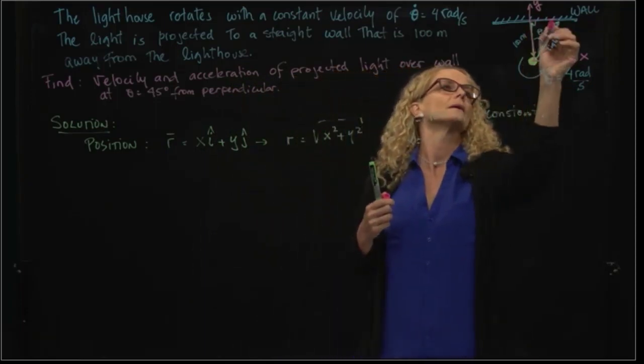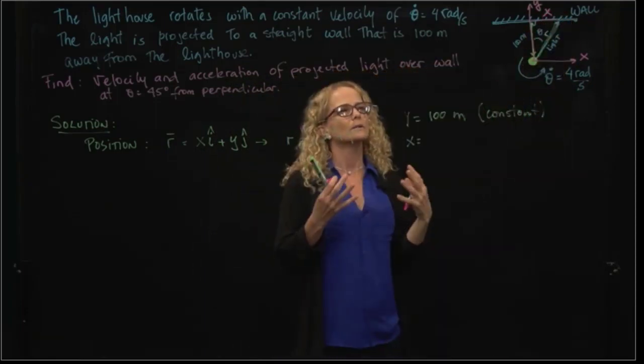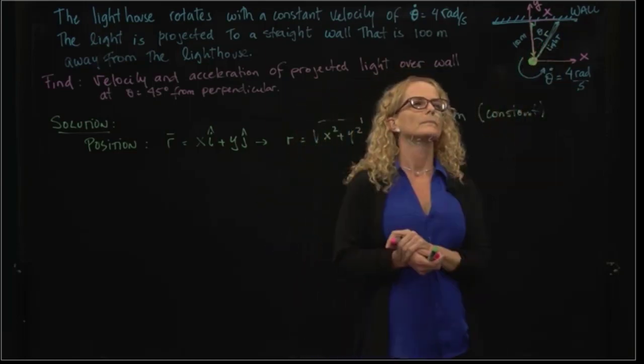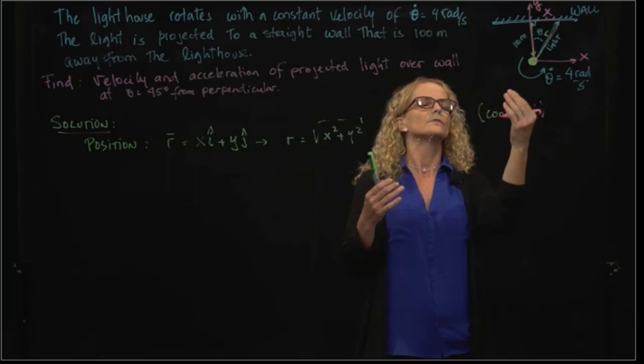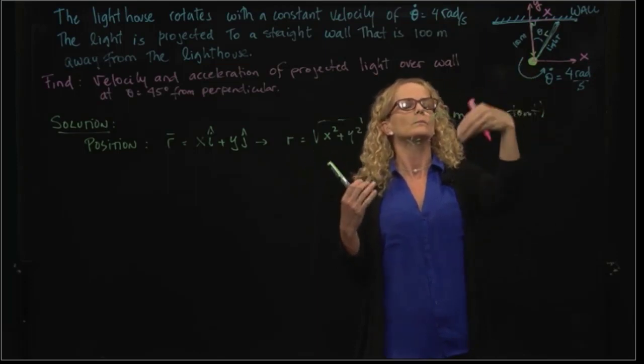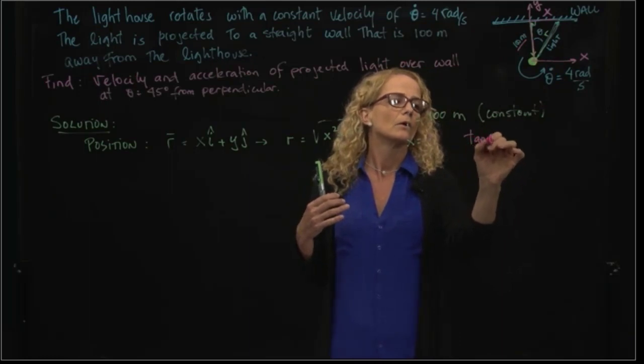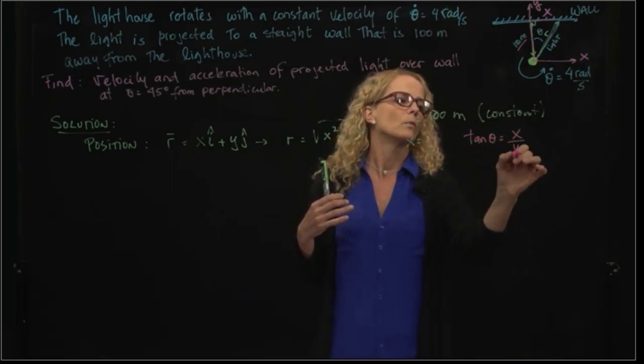So our x will be this distance right here. We are not given our data in terms of x, but in terms of theta. So what we can do is find our x in terms of theta and what we are given, which is 100. We know that the tangent of theta is x over y.